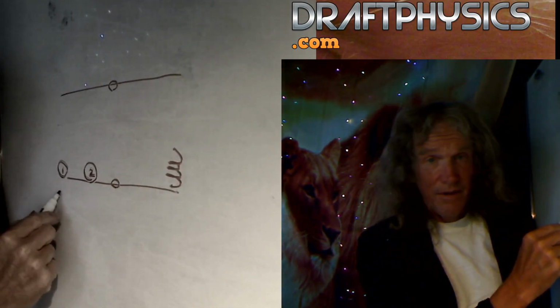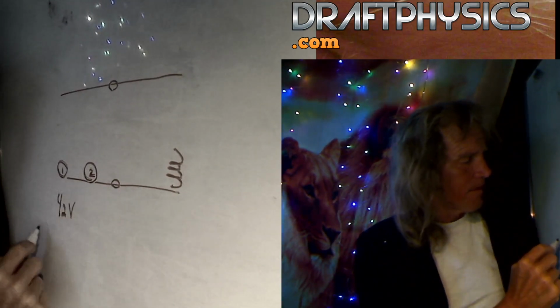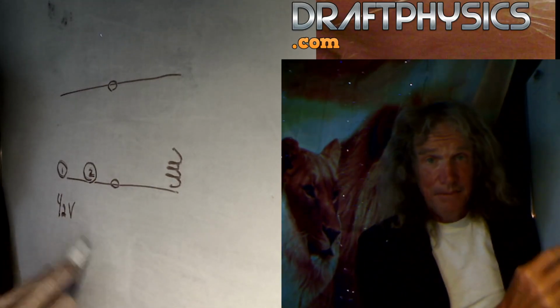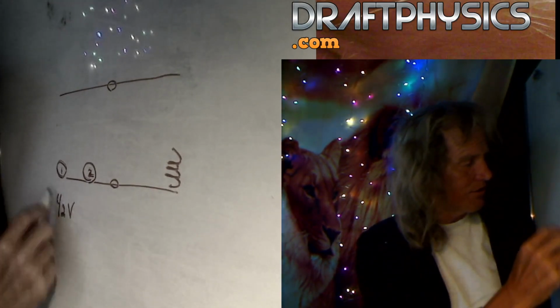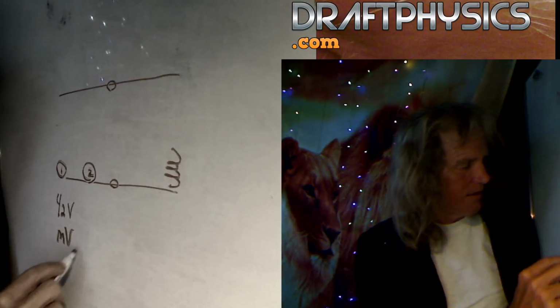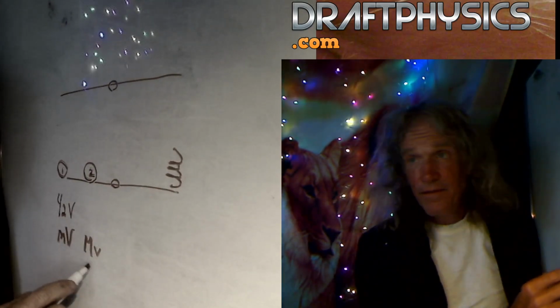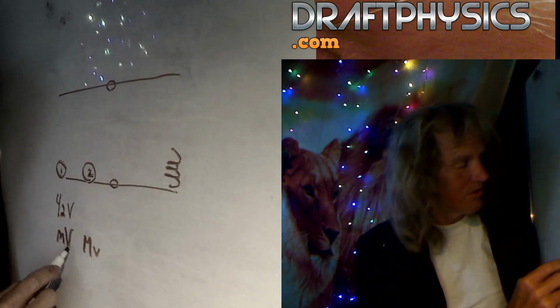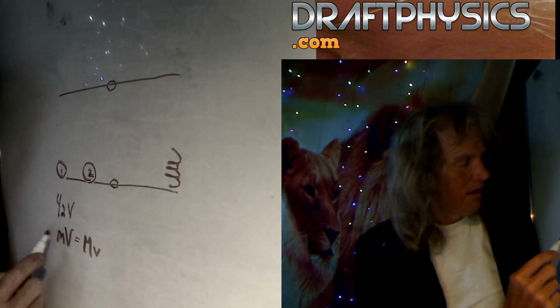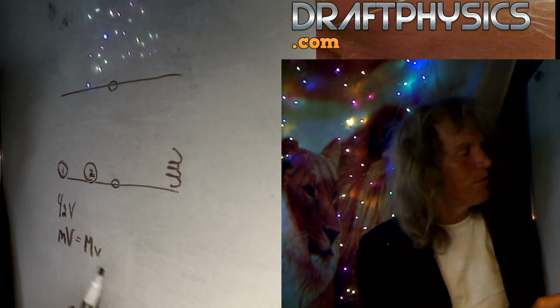Half the mass at twice the velocity is basically you're just doing the big M small v thing: you're going to convert a small m into a big V, and then over here you're going to have a big M with half the size of the V.